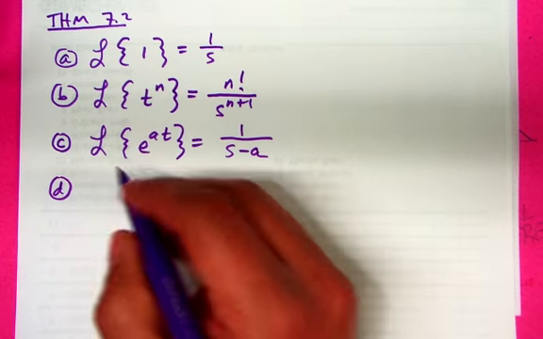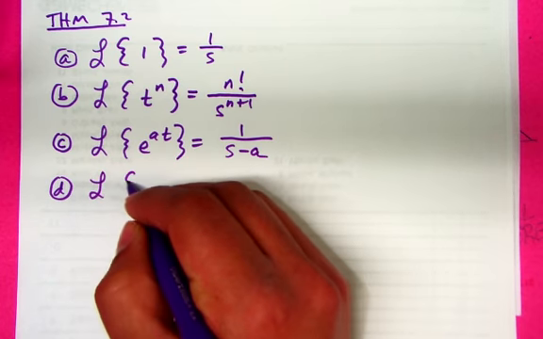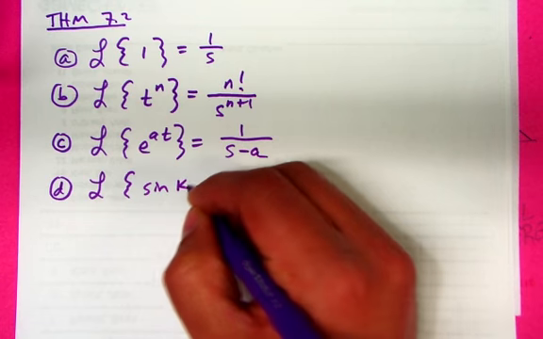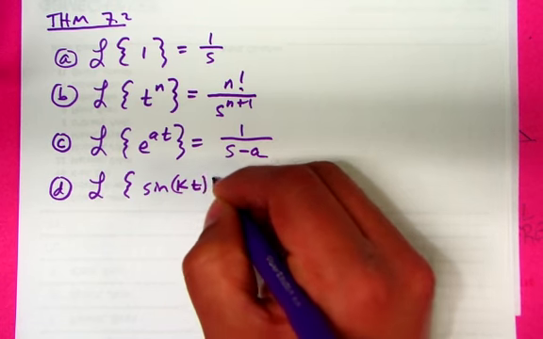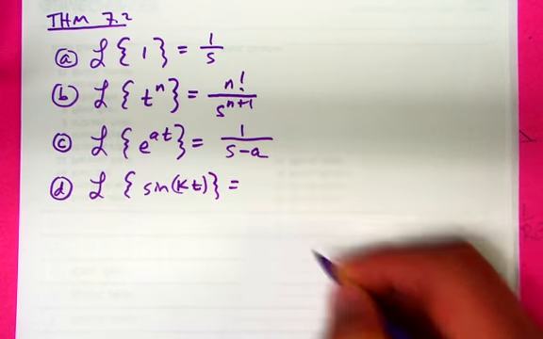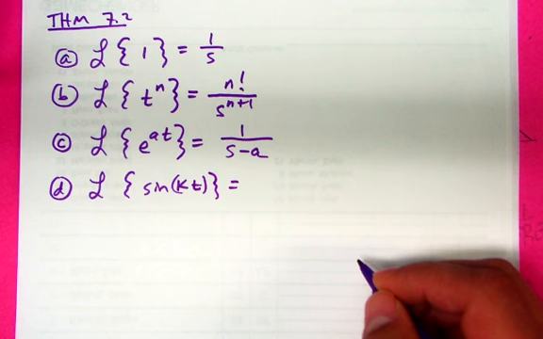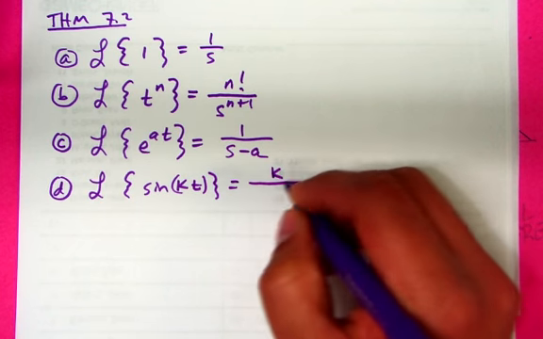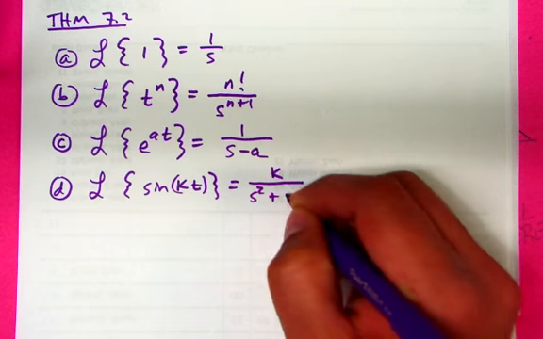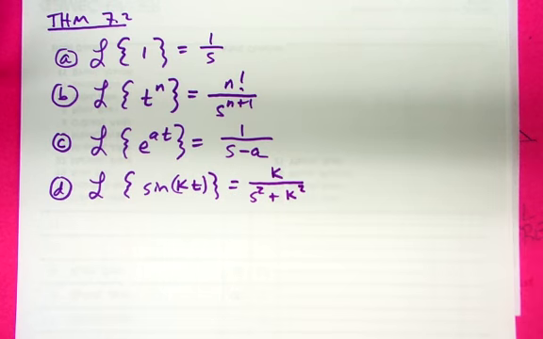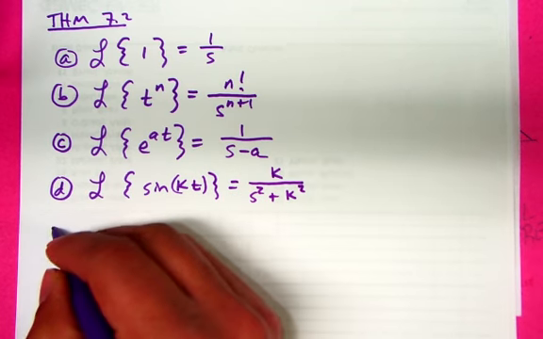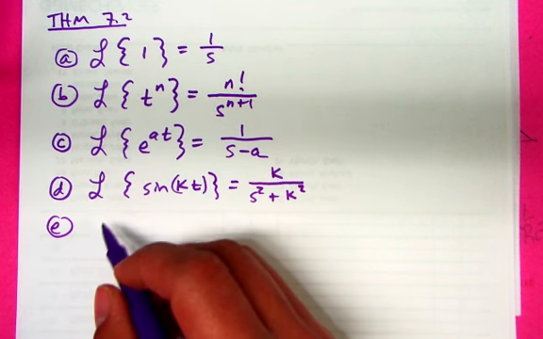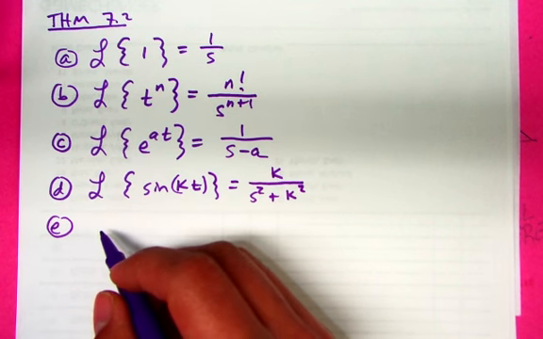The fourth one is one we just did, the sine of kt. And that'll be the constant k over s squared plus k squared. There are 7 in all, but 5 are the ones that you're going to really use a lot.